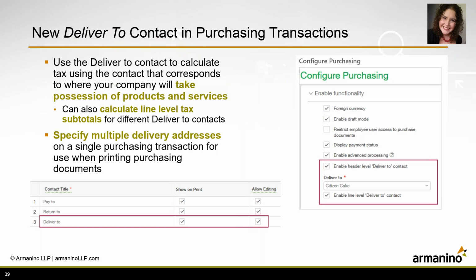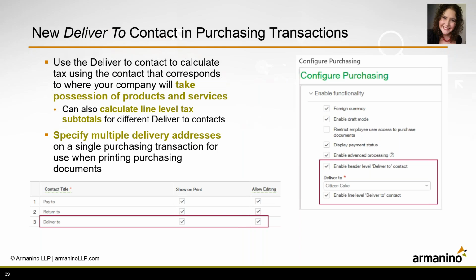But deliver to, a lot of times that may need to be changed because you want it to go to a certain building or a different campus or something like that. So you can now allow editing of a deliver to address. To do that, you will access your configuration for purchasing, and you'll have to first enable header level deliver to contact.